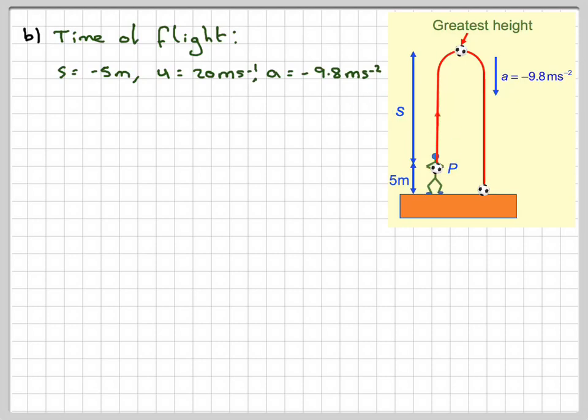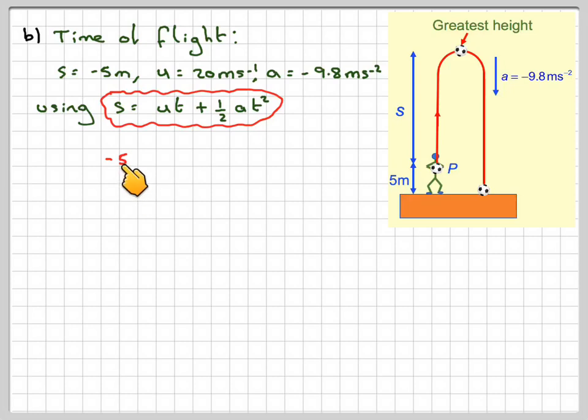The final displacement is minus 5 because the ground is 5 lower than the starting position P. So using S is equal to UT plus a half AT squared, substituting in carefully about the signs, S, minus 5, is equal to 20T plus a half times minus 9.8 T squared. So it gives you minus 5 is equal to 20T, a half times minus 9.8 is minus 4.9 T squared.